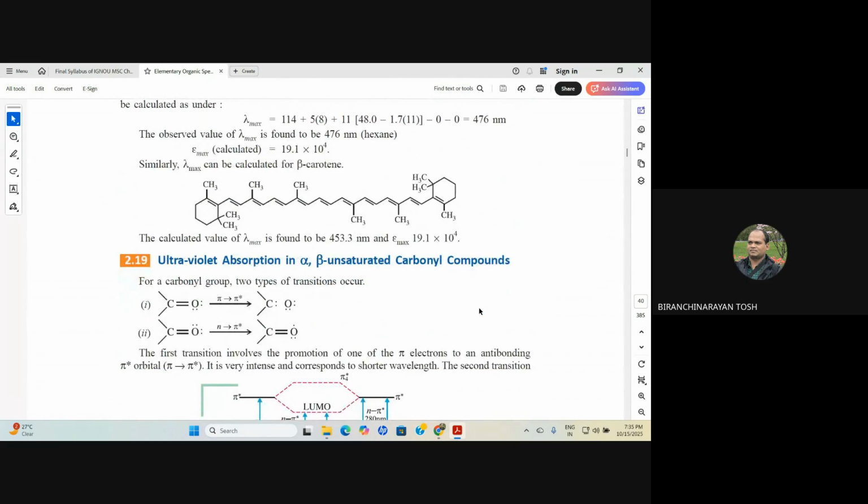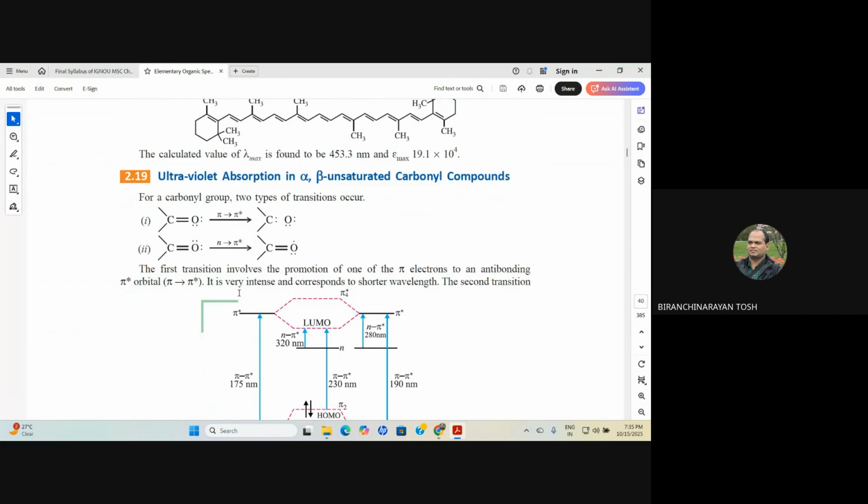Now, ultraviolet absorption in alpha beta unsaturated carbonyl compounds. In carbonyl compounds, we have pi pi star transition and also n pi star transition. So generally, we know the carbonyl compound is a chromophore.